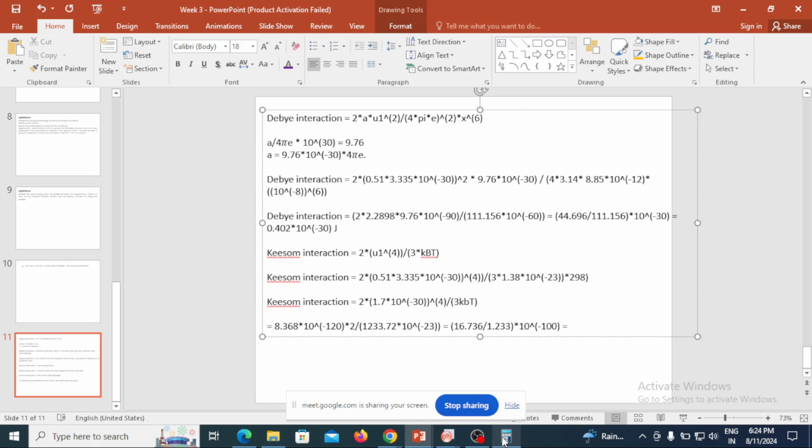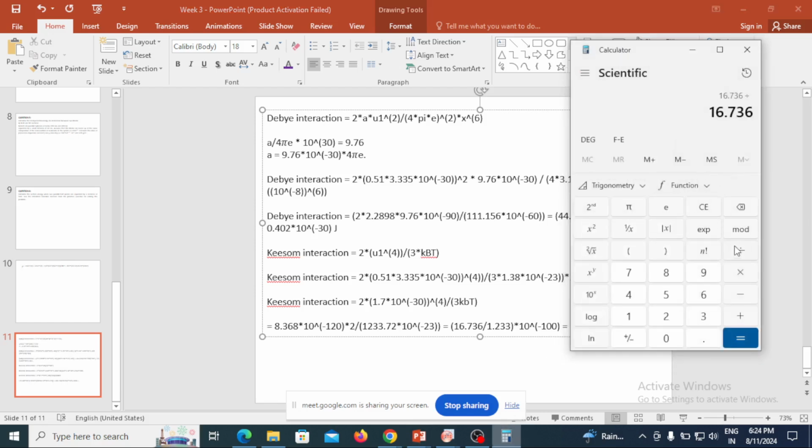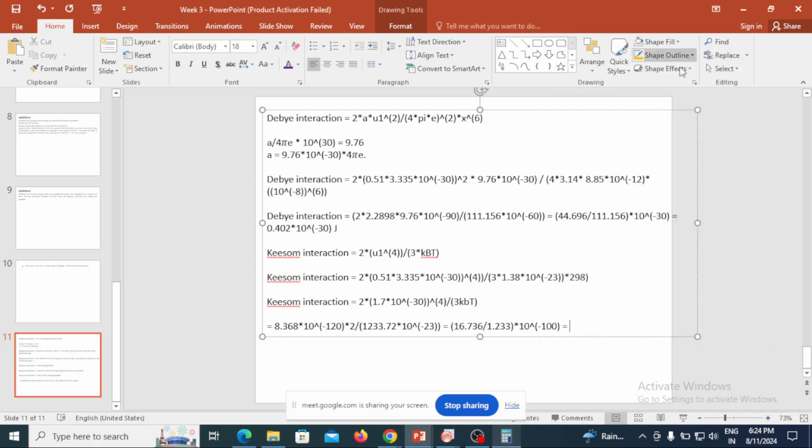What is 16.736 divided by 1.233? 13.573 times 10 to the power minus 100 joules. So this is for the Keesom interactions, and that is for the Debye interactions.